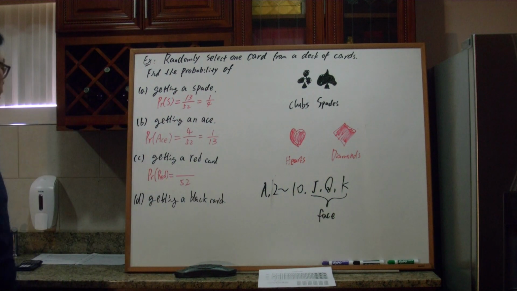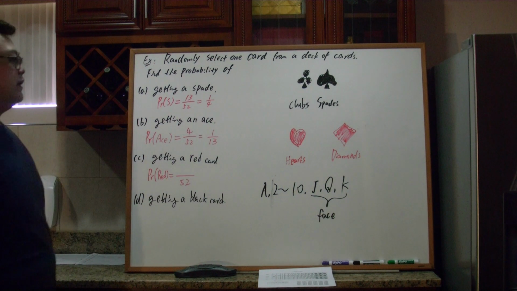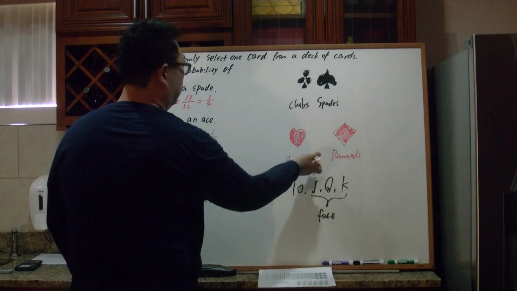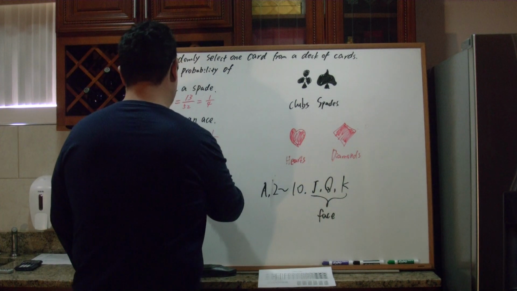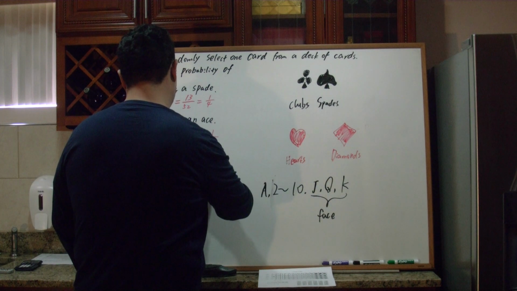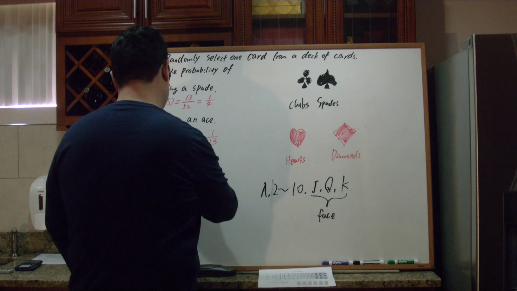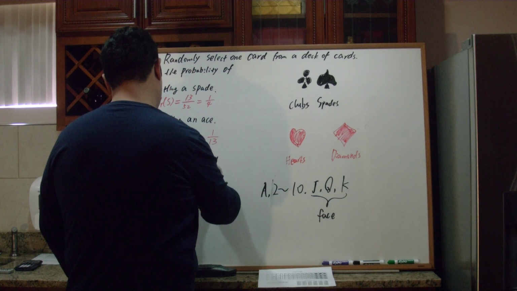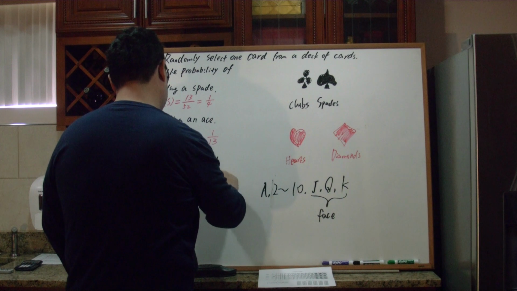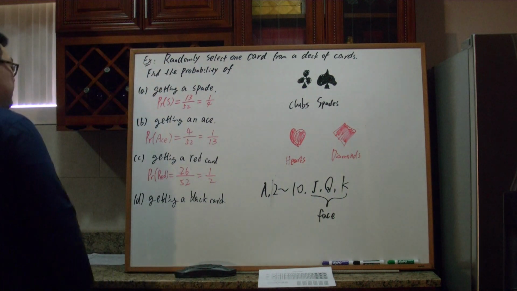For 52 cards in total, 26 of them are red, right? 13 each, 2 suits, that's 26 of them, which is a half. Well, the black card is similar.